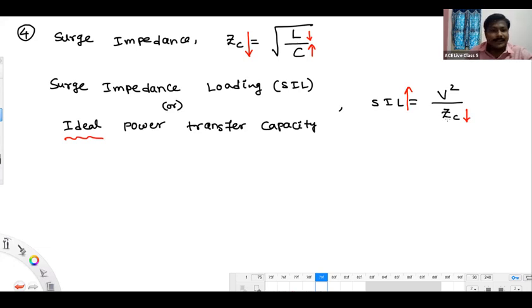So these are some of the advantages. Now, let us do some problems on these bundle conductors, particularly in view of GMD, GMR calculations, or you can say inductance calculation.